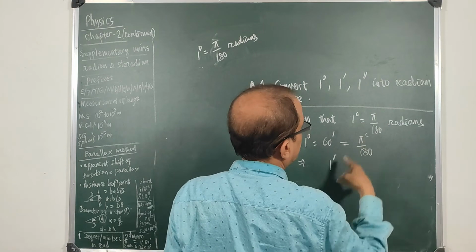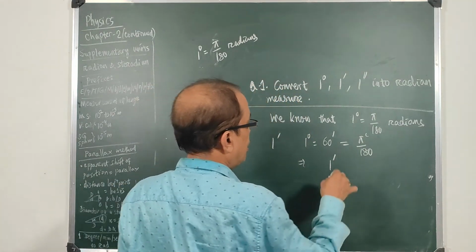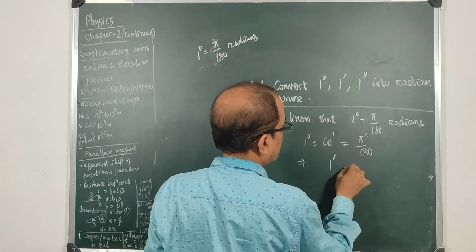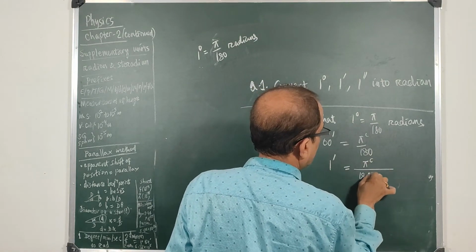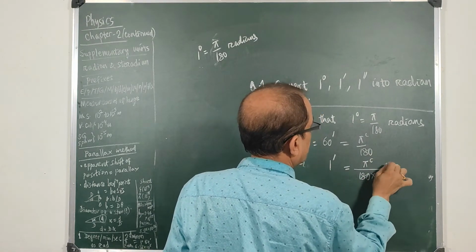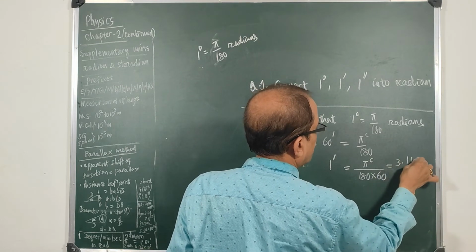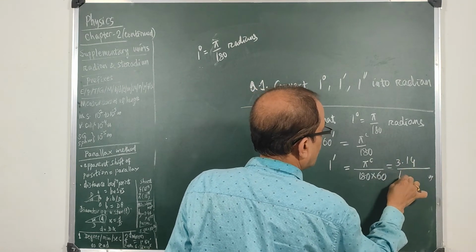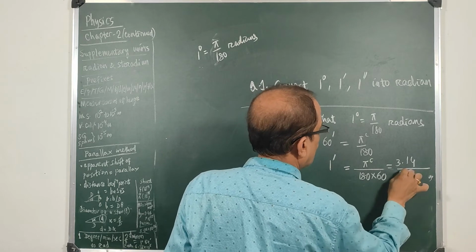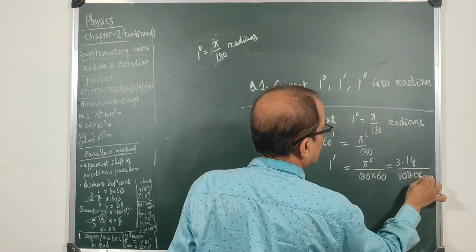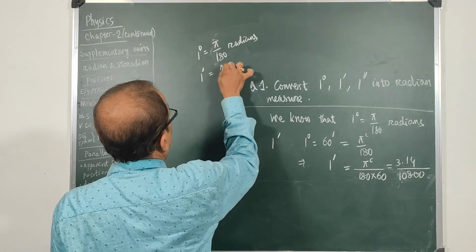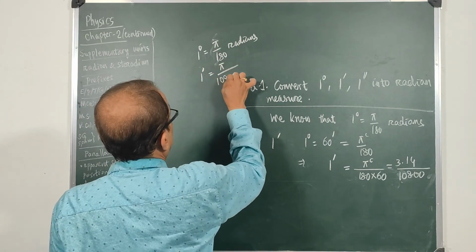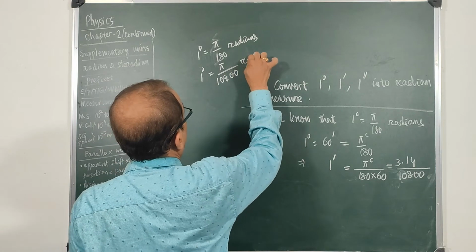So 60 minutes is pi by 180, and 1 minute will be pi radian divided by 180 into 60. This can be found by using 3.14 divided by 10800. So 1 minute is pi divided by 10800 radians.